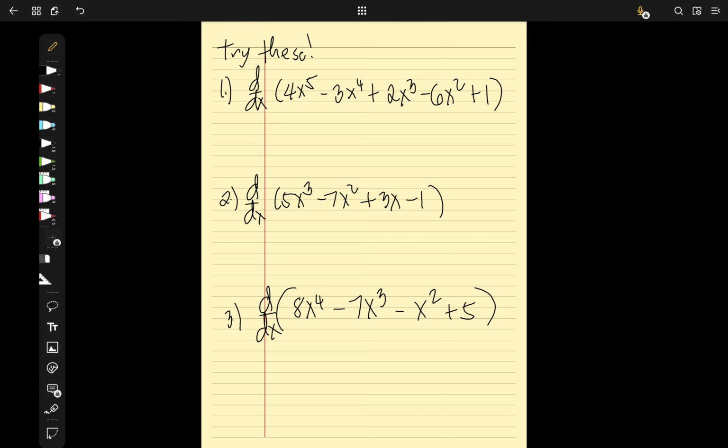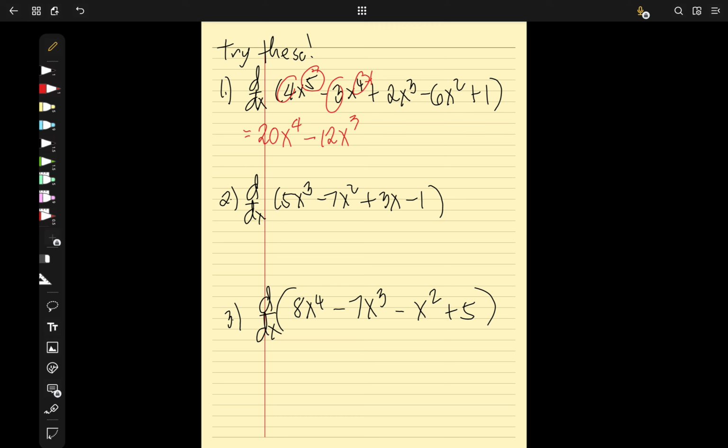Okay, so it should be 5 times 4 is 20 x to the 5 minus 1 is 4. Then minus 4 times 3 is 12 x to the 4 minus 1, cube.